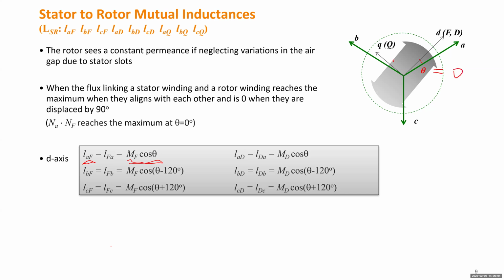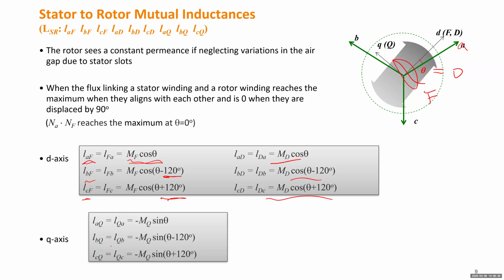If we're talking about winding F and winding A, the coupling between them will be complete, so that will be maximal. Then we move to B, where we add a negative 120 degrees, and for C we add a negative 240 degrees, or positive 120 degrees. Similarly, we can have those items.